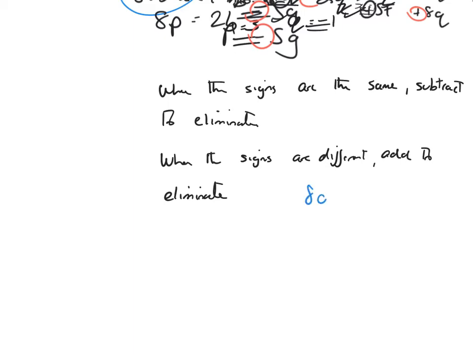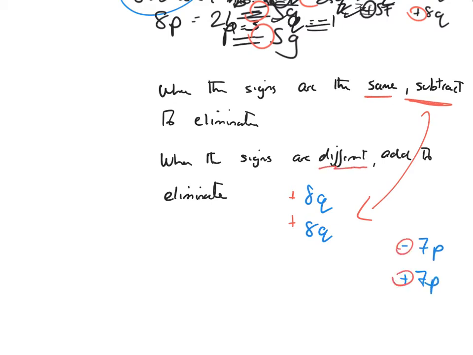So if we had 8q and 8q, well, they're both pluses. So what would I do in that case? Well, the signs are the same, so I would subtract. Let's say I had minus 7p and plus 7p. Well, in this case, the signs are different. If the signs are different, then in that case, I would add to eliminate.